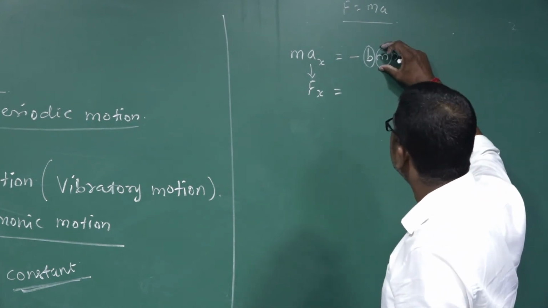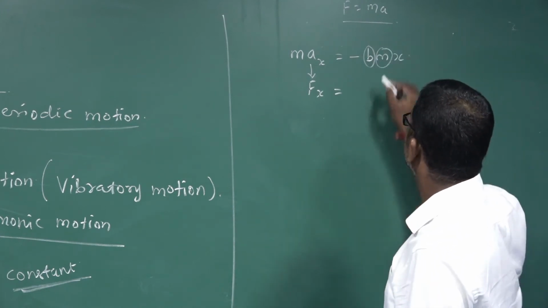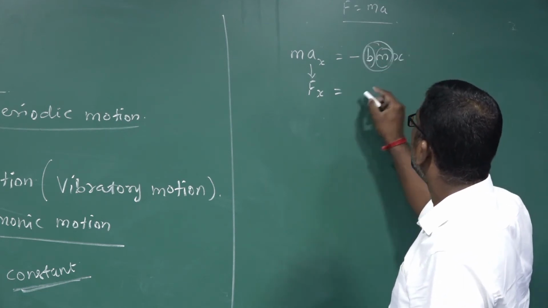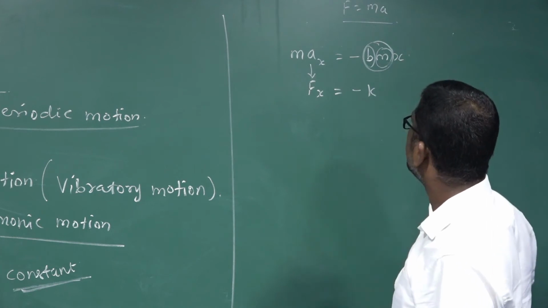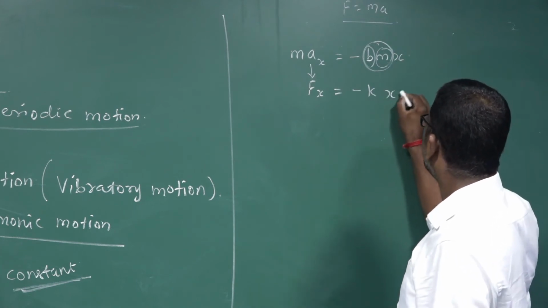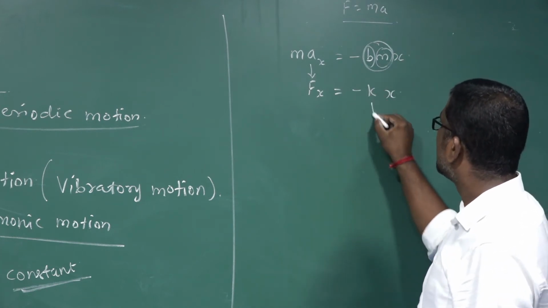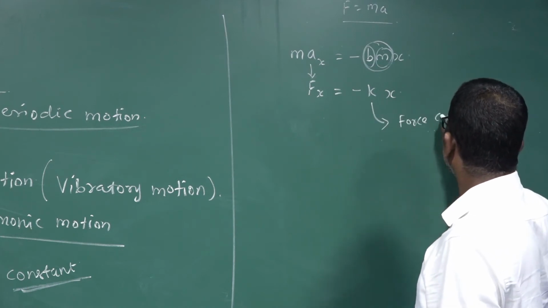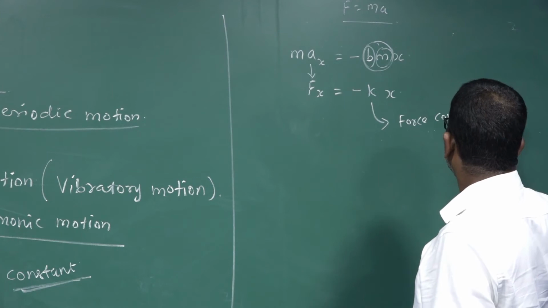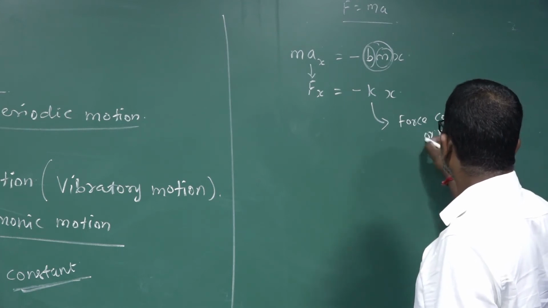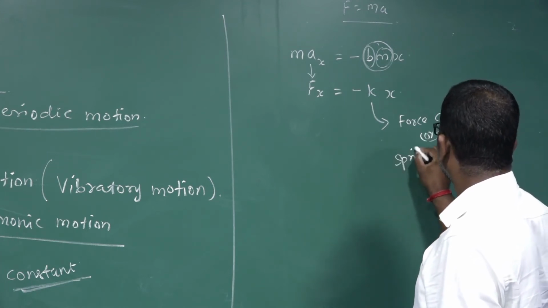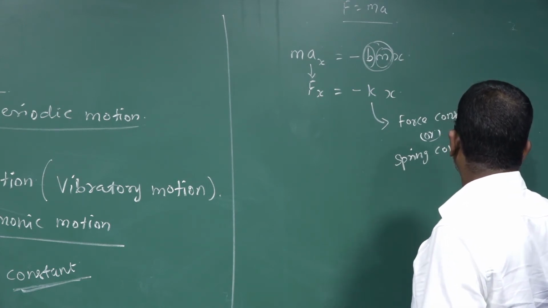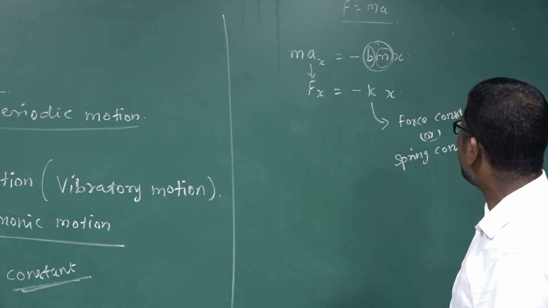So mass value is constant and b value is also constant. So instead of the product of b and m, we can take k. So F suffix x is equal to minus k into x. Here k is called force constant or spring constant.